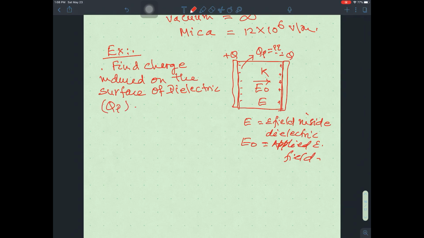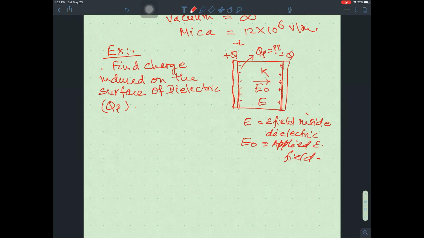This is the question. Now how to solve this question? Initially Q charge was there, and QP is the charge developed on this plate due to polarization, and you have to find the value of QP.